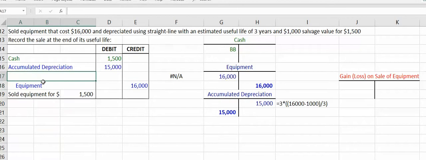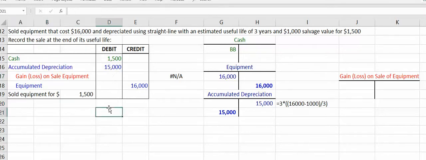So we're short on the credit side, which means it's a gain, and you can see that you have a $500 gain, and it's a credit because gains make shareholders' equity go up, and we are getting $500 more than the book value of the asset.